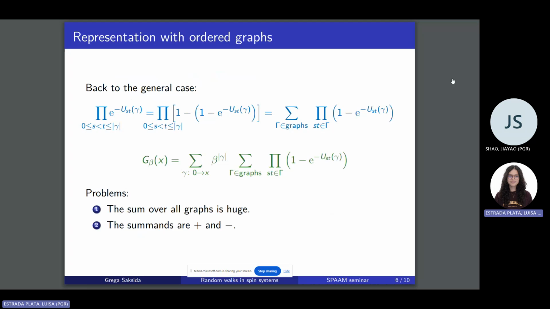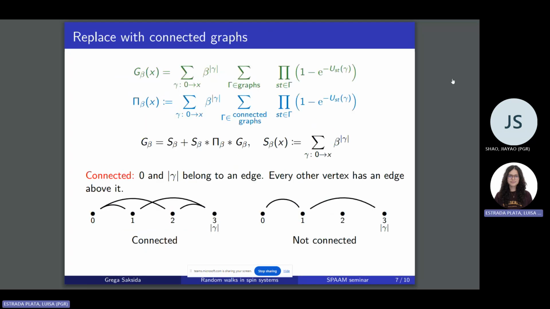So we need to simplify this object. First, we want to replace the sum over all graphs with a sum over the connected graphs. This is already a smaller sum. Now when I say connected, again, this is not the usual definition of connectedness, because these are order graphs.